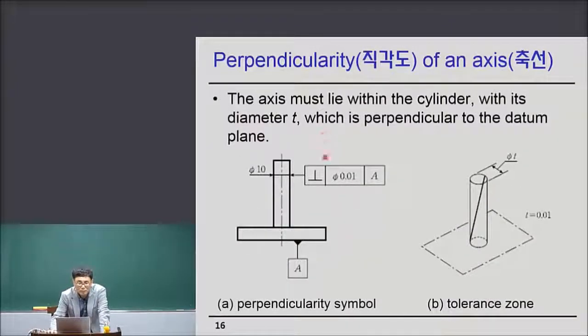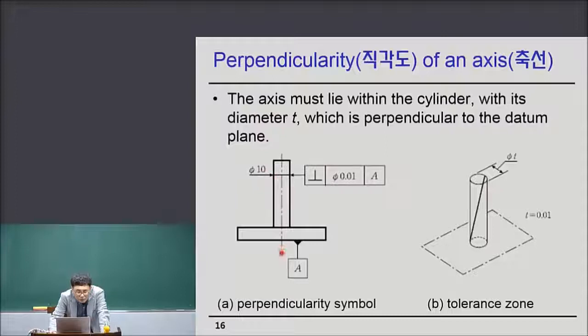Now, perpendicularity of an axis. The axis must lie within the cylinder here, with its diameter t, which is perpendicular to the datum plane.